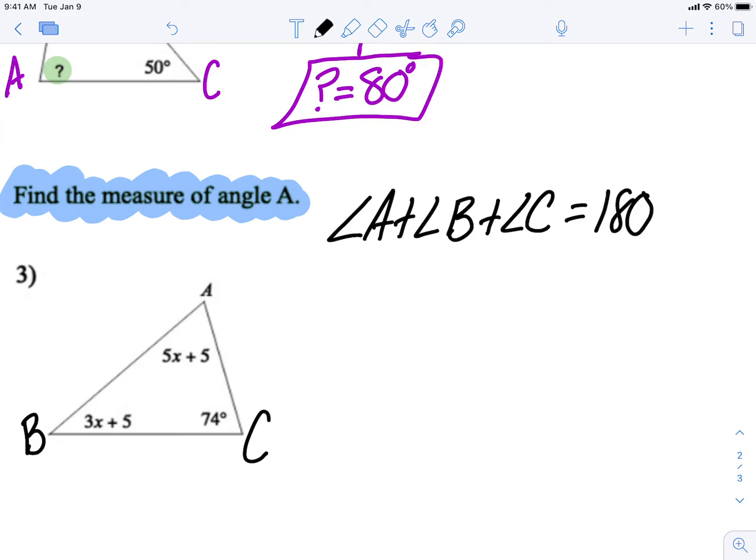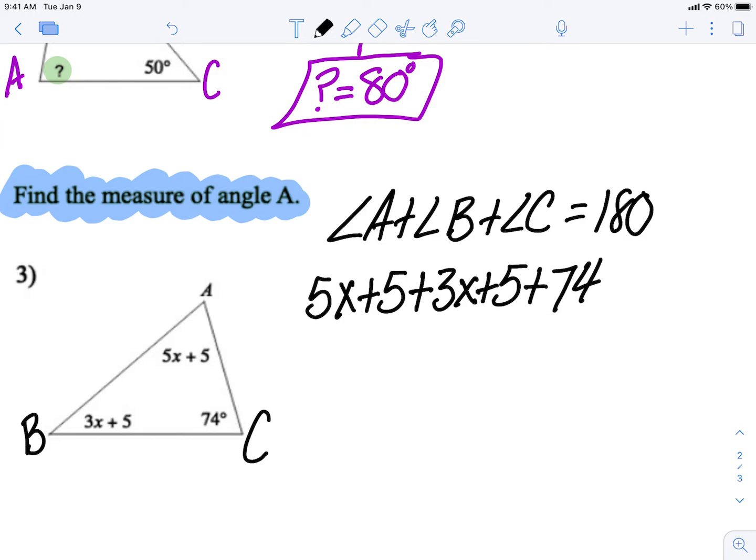So let us substitute what we have. Angle A is 5x plus 5, plus angle B is 3x plus 5, plus angle C is 74, and they all equal 180.